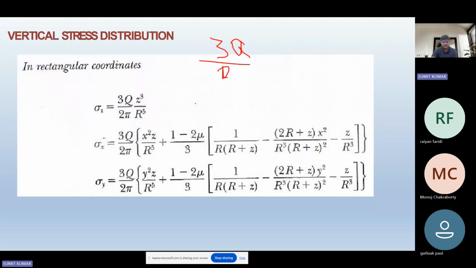q by 2 pi z square, where z is the depth, 1 by 1 plus r square plus z square root.